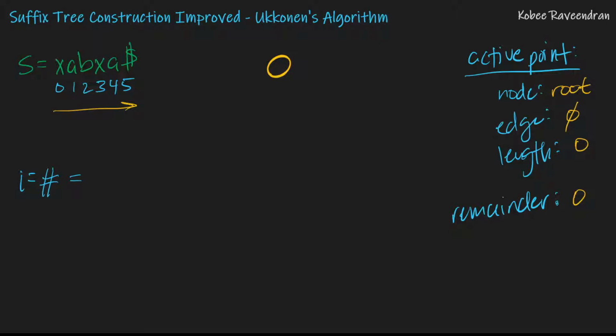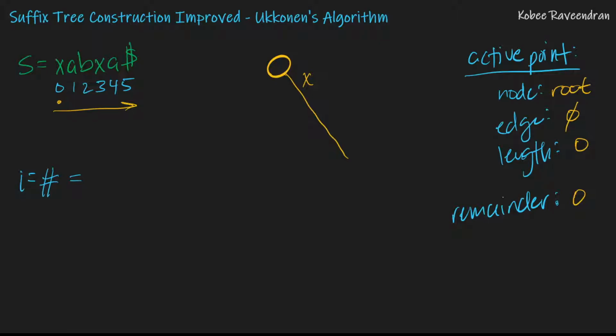In iteration 0, we take in this x. Ukkonen's algorithm says the first step in general is just to add the new character you've taken in to all the existing leaf edges. Currently we don't have any leaf edges, but if we did, we'd add that x to them implicitly, using that representation we mentioned before. Since we don't have any edges right now, I'm going to make one. It starts with x.